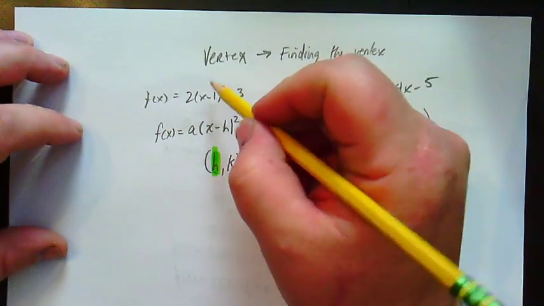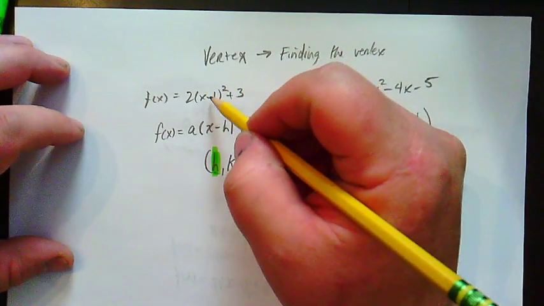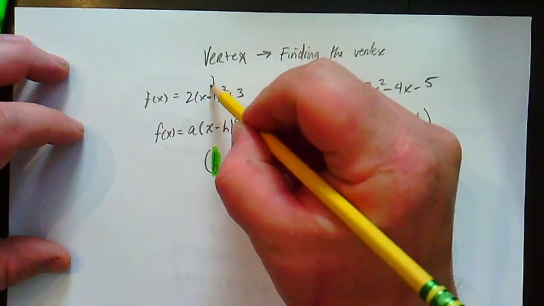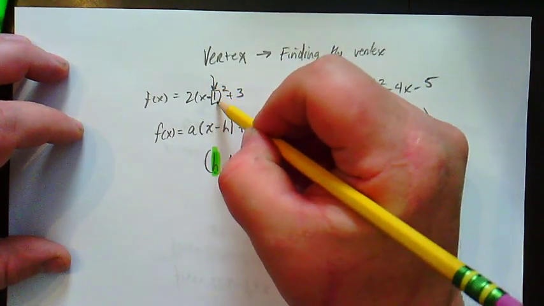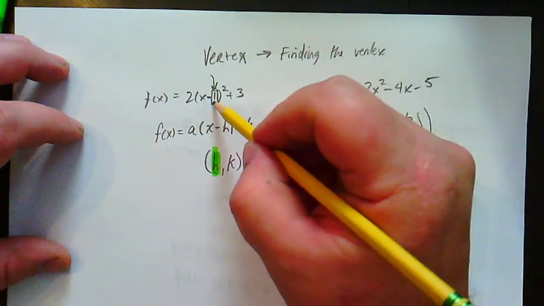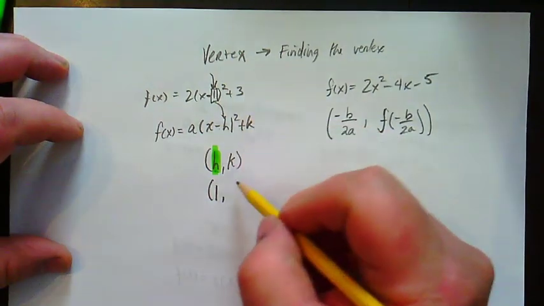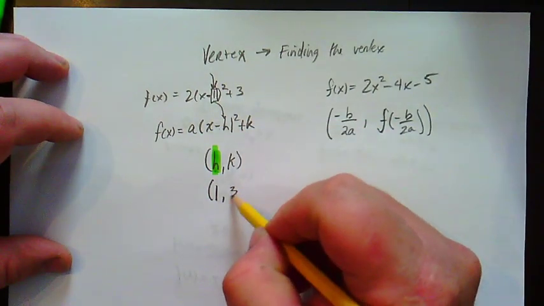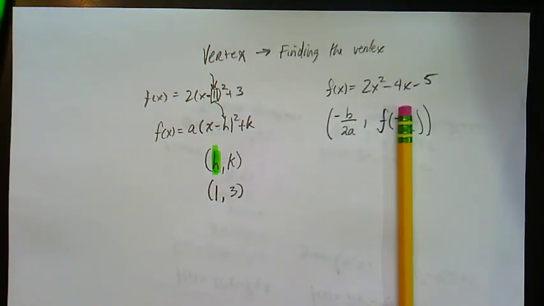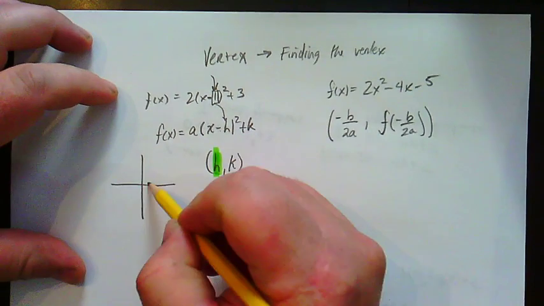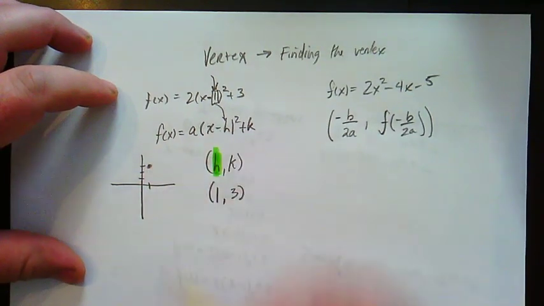So like here, it looks like h is -1, but h is not -1. h is actually +1. You see how this is a negative and that's a negative? So h is 1, and 3 is the y of the vertex. So this graph is going to have its vertex at (1, 3).